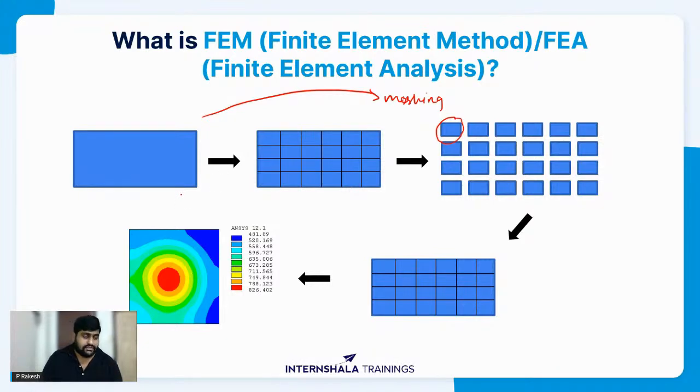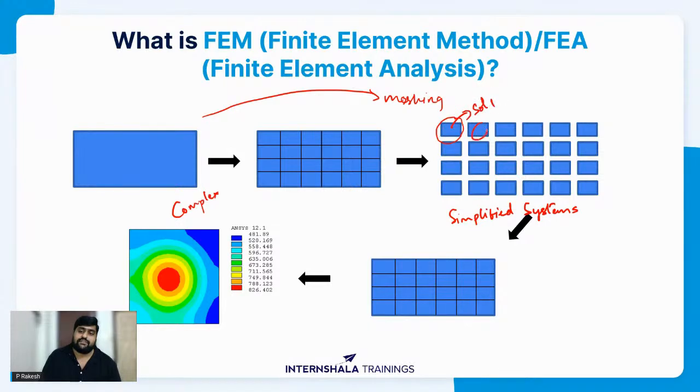So what we are going to do here is convert a complex system into a number of simplified systems. And once we have done that, we are going to solve and find a solution for our problem.